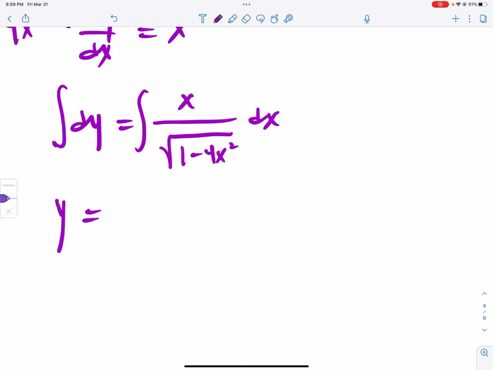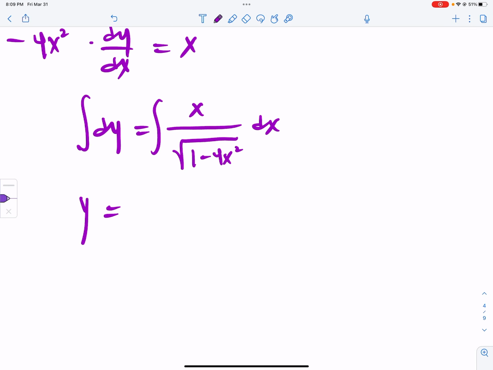So we'd actually end up with y equals. Now to integrate the right-hand side, it makes it look like we might want to use arc sine or something, but that formula actually doesn't work here. This is actually just a u sub problem, where we can let u equal 1 minus 4x squared. du over dx is equal to negative 8x.